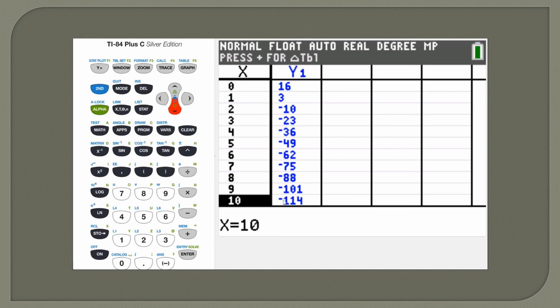But we've actually put this in a function and have graphed it. Or if I plugged in 10 for n into that formula, negative 13 times 10, that would be negative 130 plus 16. Well, that would also give me negative 114. Okay, cool.